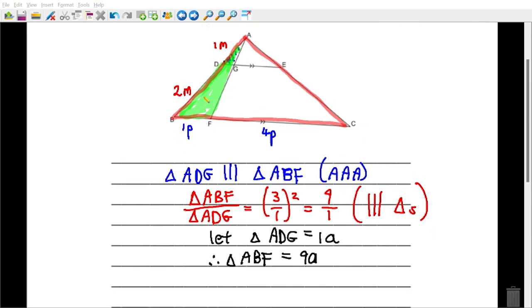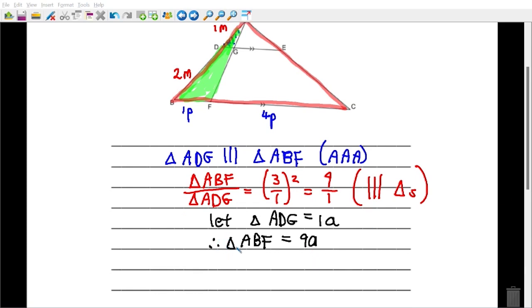So triangle ABF as to triangle ABC will be the ratio of their bases.